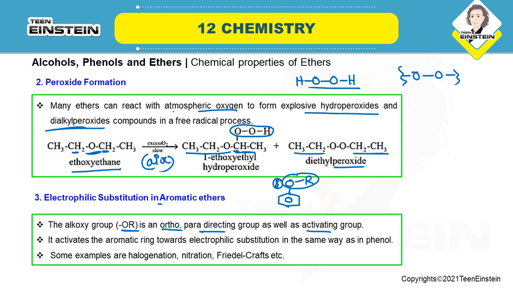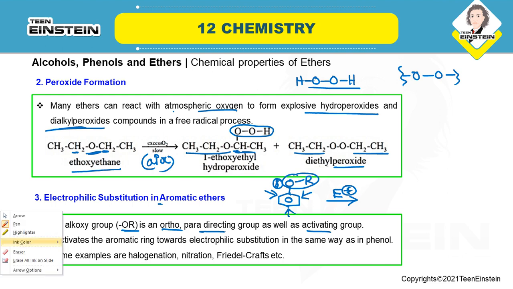Ortho-para orienting means if you are using some electrophile, the electrophile will enter only at the ortho position or para position. These two are ortho positions, this is the para position. So that is why it is an electrophilic substitution reaction. The reagent that you use will contain some electrophile, and that electrophile will replace any of these ortho hydrogens or para hydrogen.